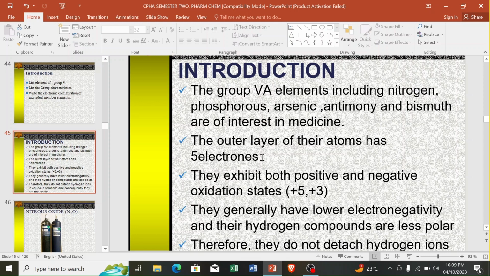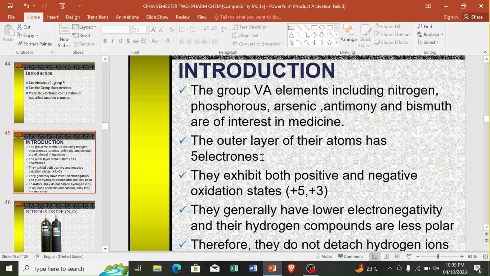whereby we can derive the valencies of all elements by looking at how many electrons are in their outermost shell. For example, in group 7 that we already looked at, it has 7 electrons. For group 7 we got 8 minus 7 because the maximum should be 8, so it took the valency of 1. For group 6 as well, we subtracted 6 from 8 and got a valency of 2.